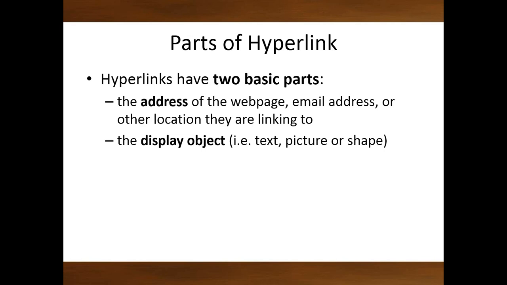Then we have the display object. In here, the display object is the object on which the address is created. Here, the object can be the text, it can be a picture, or it can be a shape.